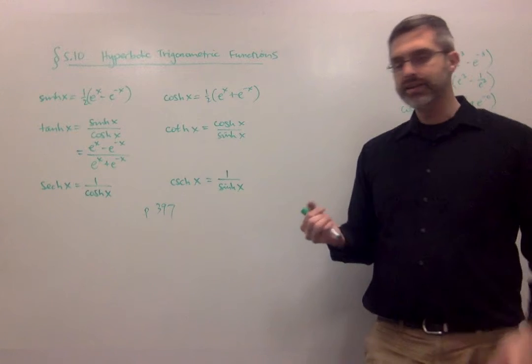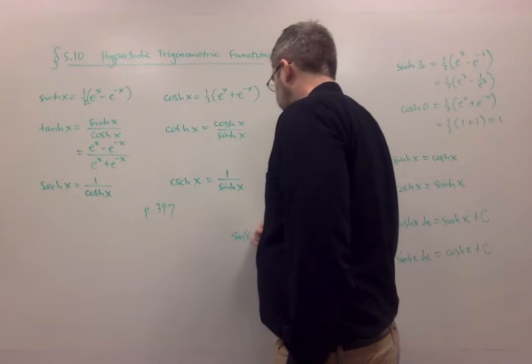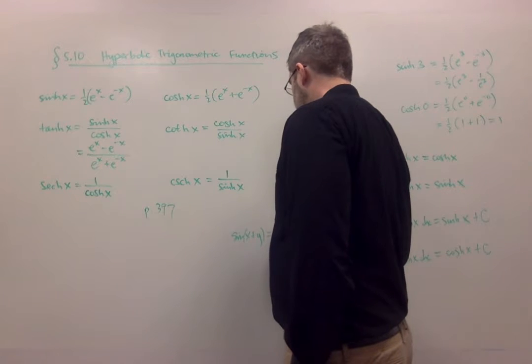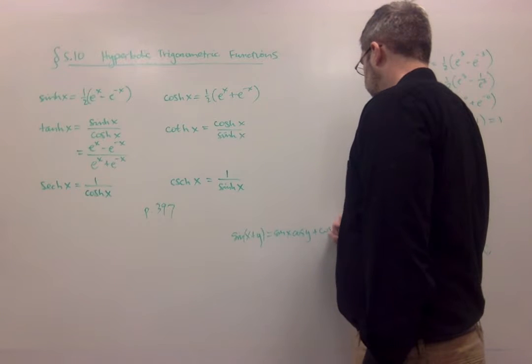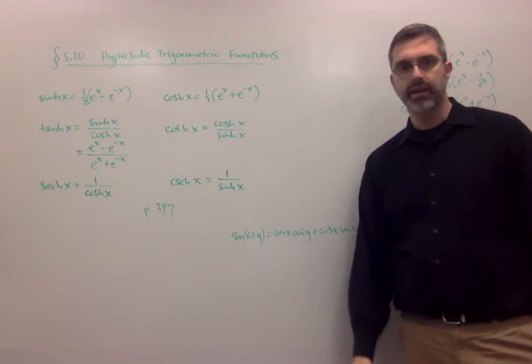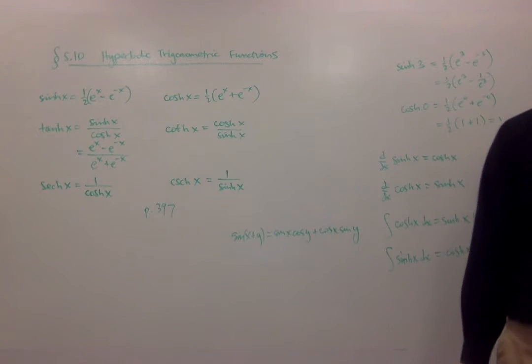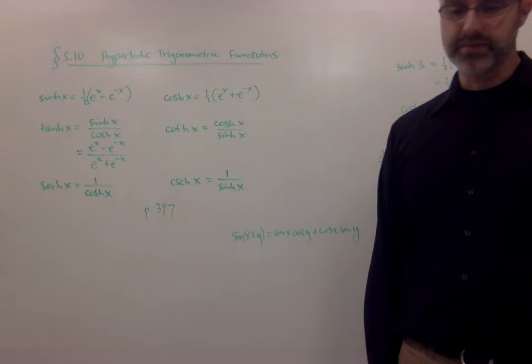That should remind you there actually is a formula that says the sine of x plus y is the sine of x cosine y plus cosine of x sine of y. That's actually true. You get a really similar formula for sinh and cosh. Same for sinh of x minus y.